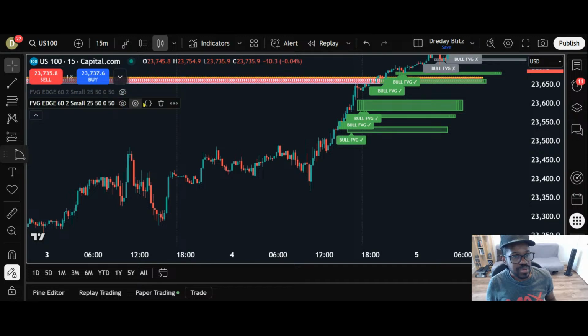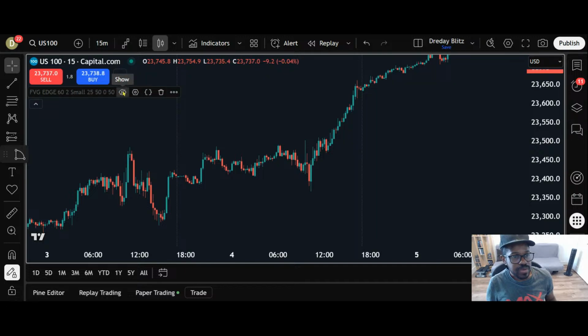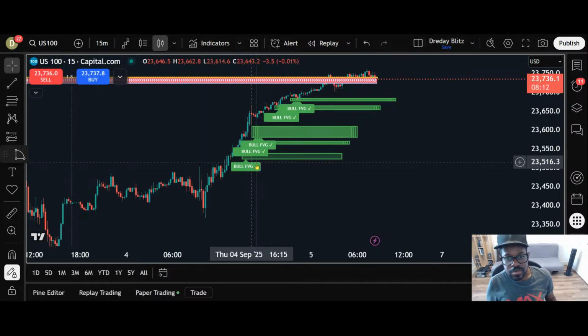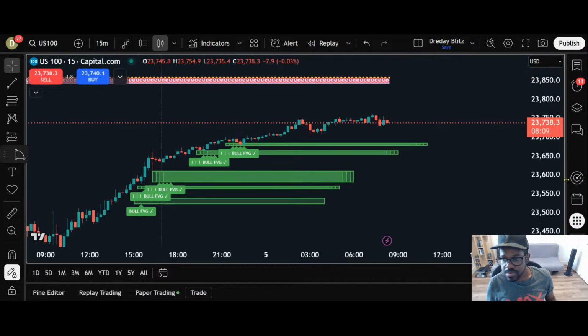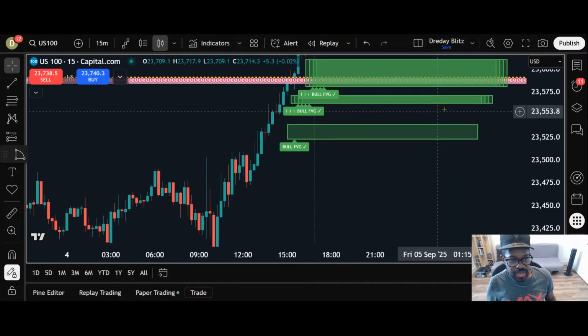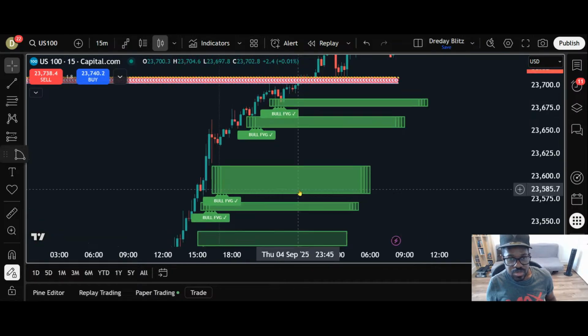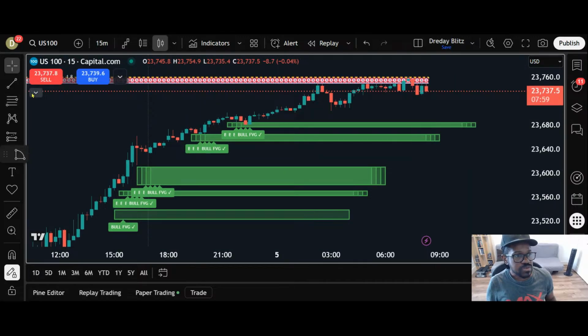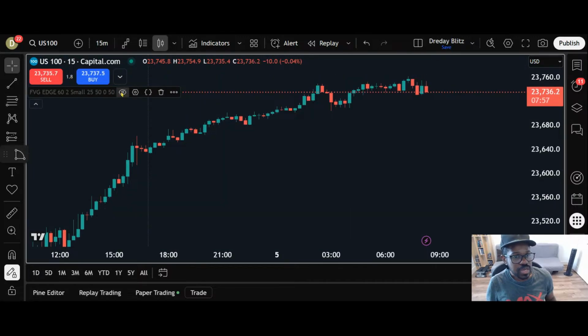Okay, it was already on. If you see here, we had multiple bullish fair value gaps. That was the first one we had. I'm just going to remove it so y'all can see.